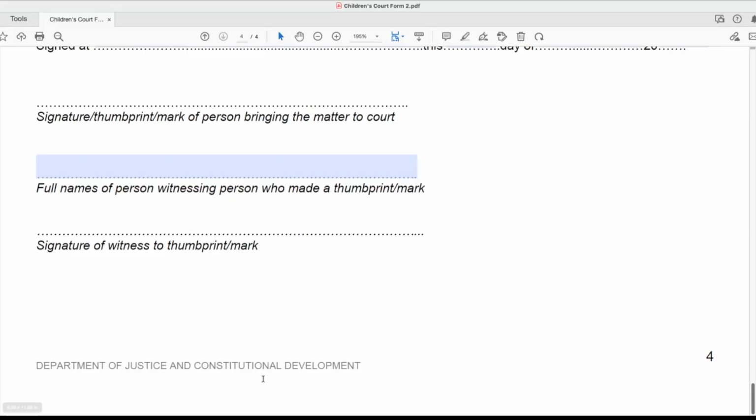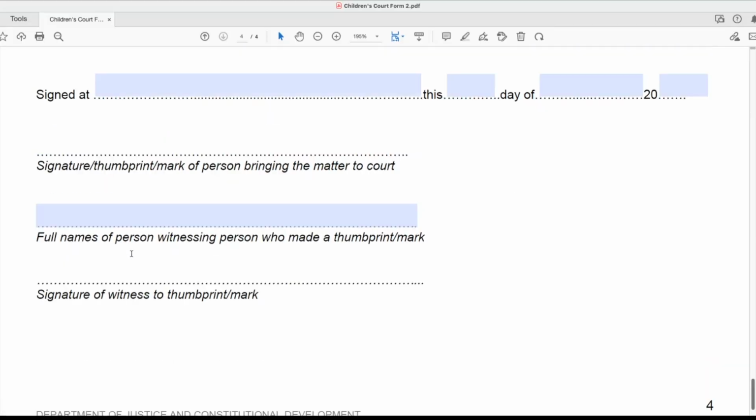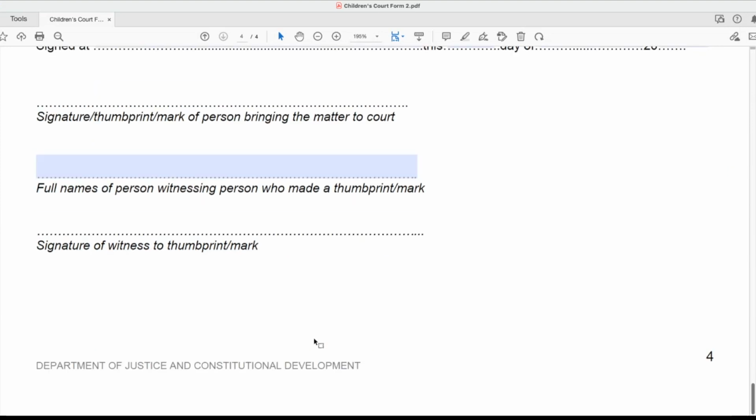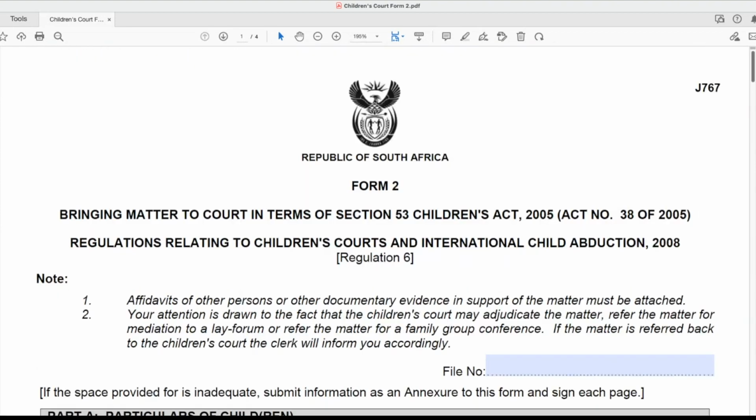Now, very, very importantly, this form that we got from the Department of Justice and Constitutional Development does not make provision for it to be under oath for some reason. Yet another good reason to do an affidavit to get your evidence before court appropriately. This is the form that you would, as we spoke about in the first section of today's session, lodge with the clerk of the children's court.